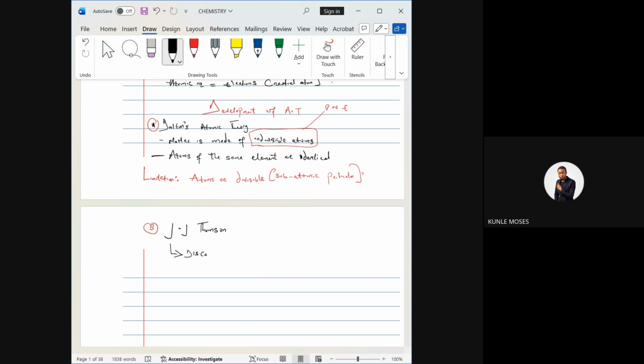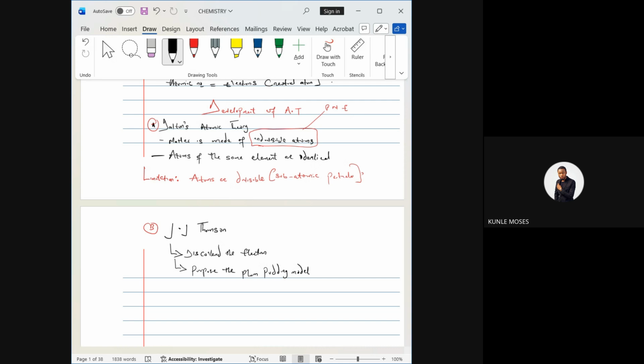He discovered the electron, and he proposed the plum pudding model. If you were writing JAMB now, I would have explained how this plum pudding model arises, but JAMB will not be asking you all these questions.